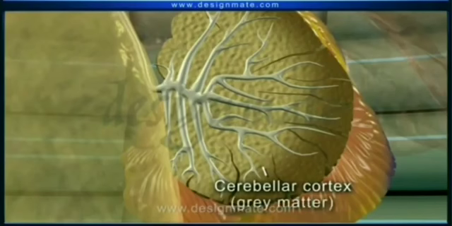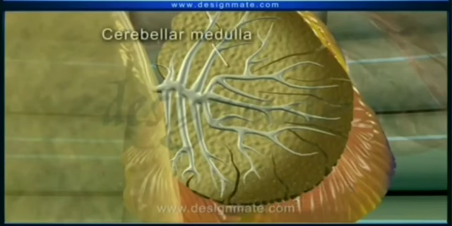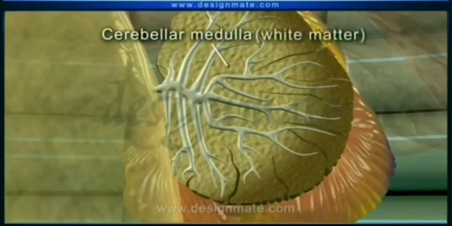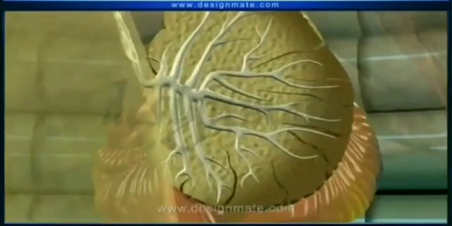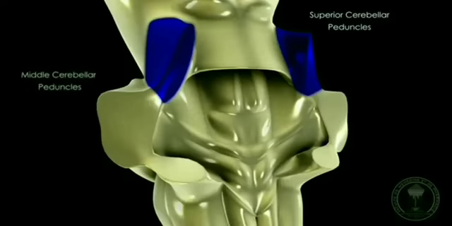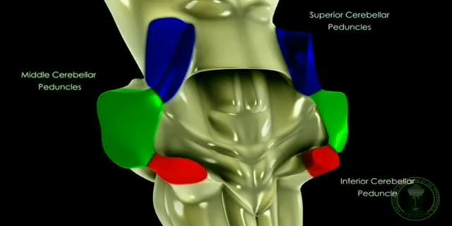Cerebellar cortex is made up of grey matter and cerebellar medulla is made up of white matter. Now the white matter intermixes with the grey matter and shows a tree-like pattern called arbor vitae. Three pairs of myelinated nerve bundles called cerebellar peduncles connect cerebellum to the other parts of central nervous system.